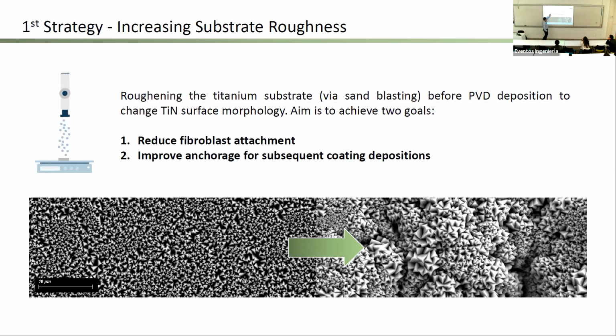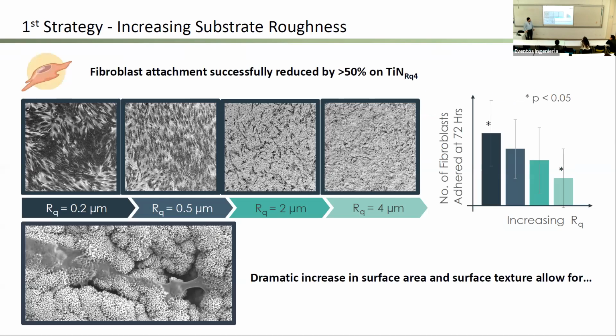One, to try to reduce the amount of fibroblast attachment to the electrodes, and two, to improve anchorage by micromechanical retention of subsequent coatings which are deposited on this TiN. And we have the TiN deposited on smooth titanium 6-4 and three other TiNs which were deposited on substrates with an increased roughness.